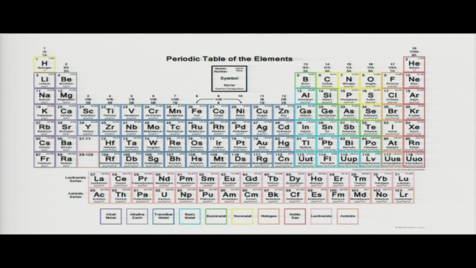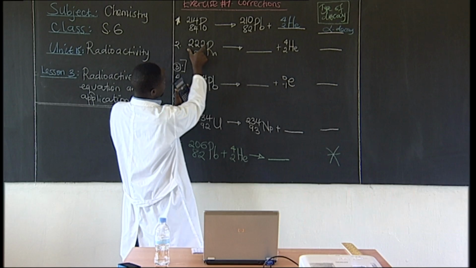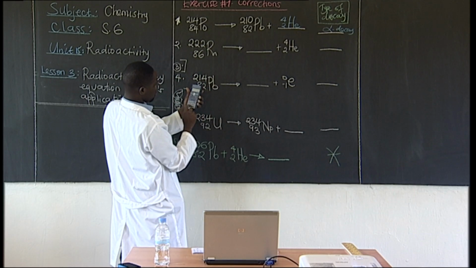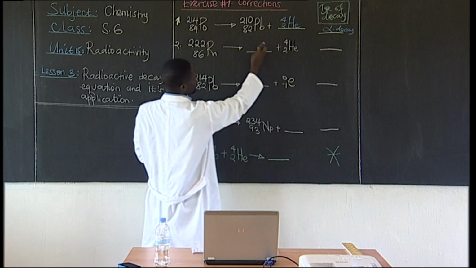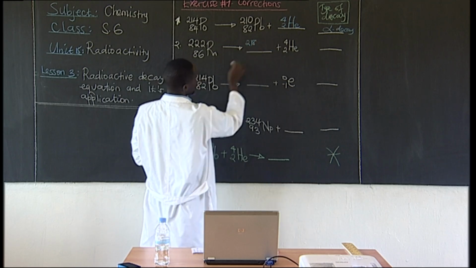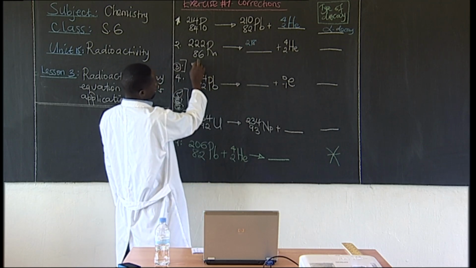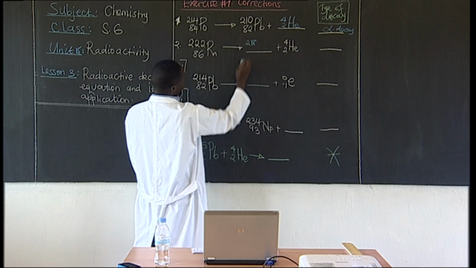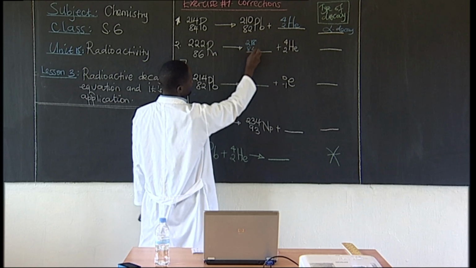Now looking at the second, get this value and subtract this value directly. We shall get 218, and for this value here, subtract this, you will get simply 84.